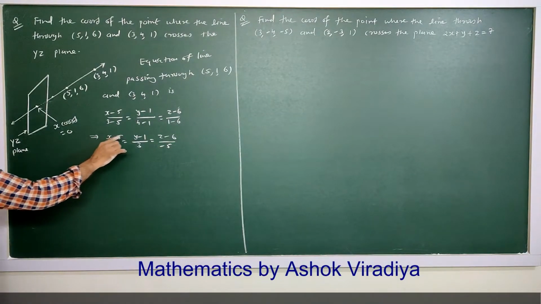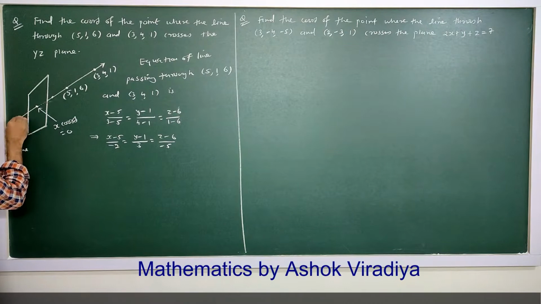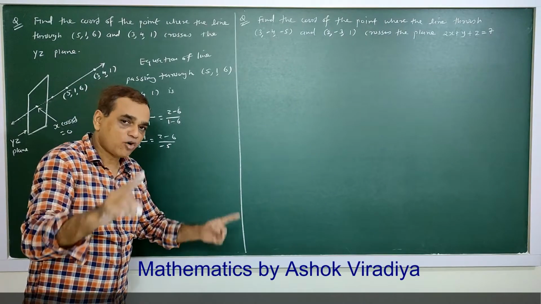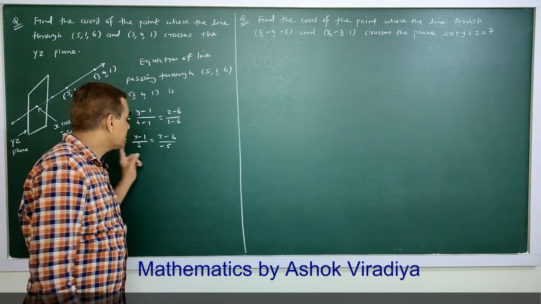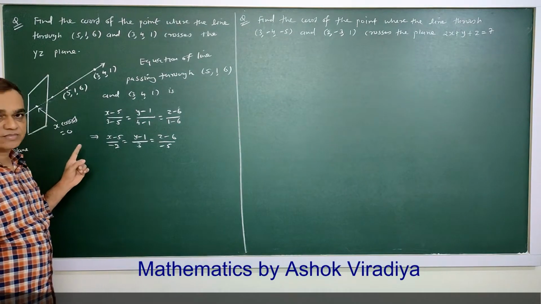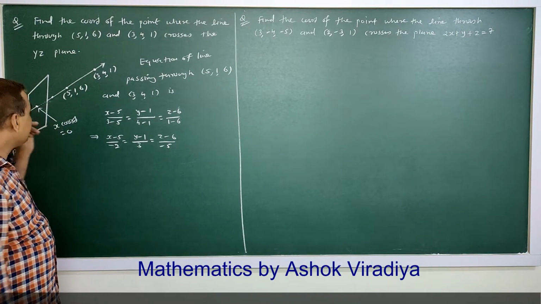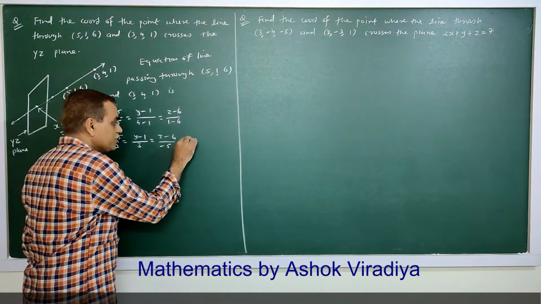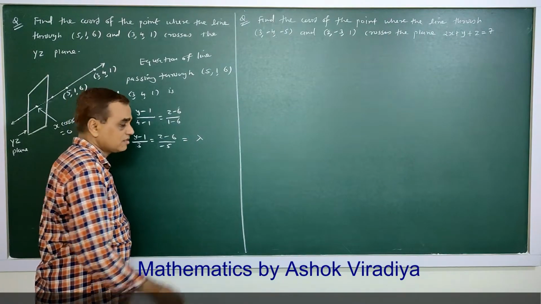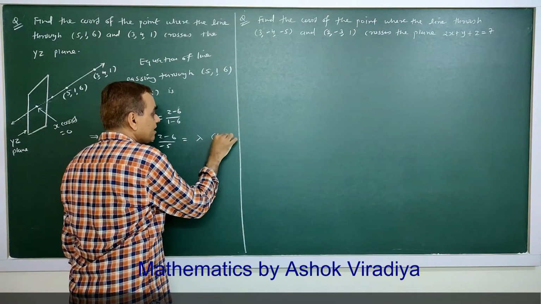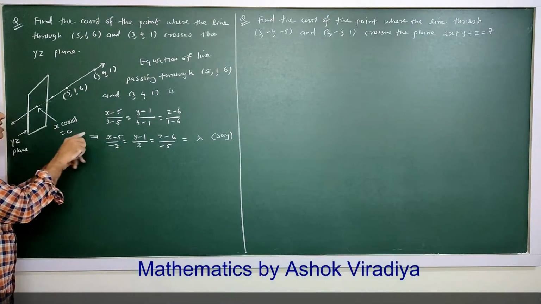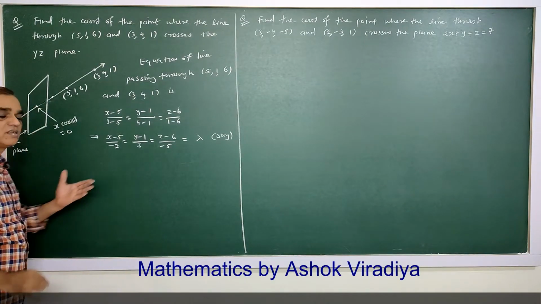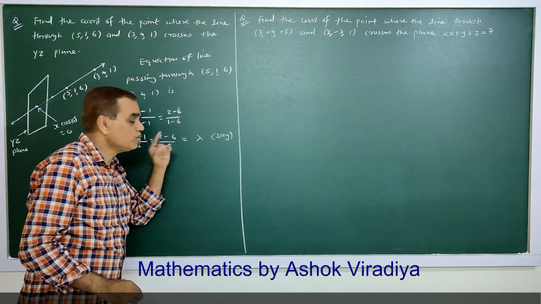The coordinates of every point on this line must satisfy this equation. For every point, the ratio will be equal. Suppose that each ratio is lambda, where lambda is any real. As you change the point, lambda will change. Every point on this line corresponds to a unique value of lambda.